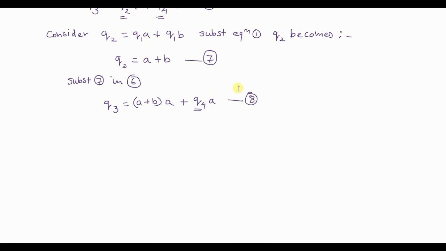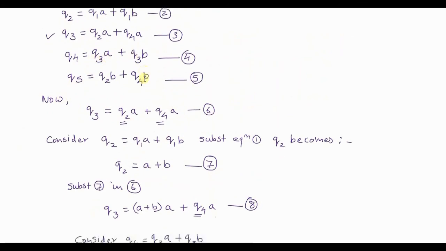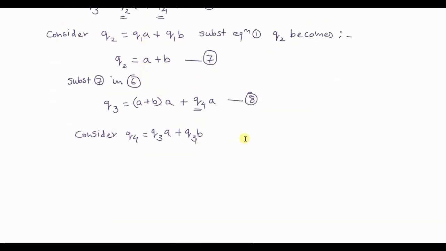So let's consider Q4 now. Q4 originally is what? It is Q3 A plus Q3 B. Now this Q3 is a common term, correct?